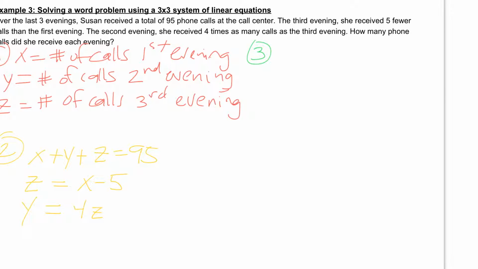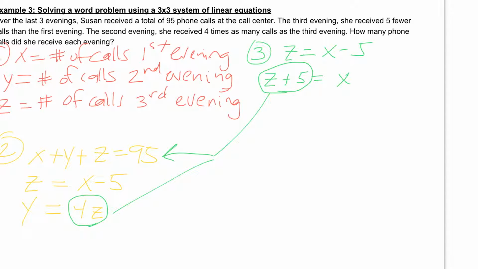So with this equation, z equal to x minus 5, I'm going to solve for x so that I can get x in terms of z. To do that, I'm going to add 5 over to the other side. So I know that z plus 5 is equal to x. And then I can take the fact that x is equal to z plus 5 and y is equal to 4z, and plug both of these into my original equation.